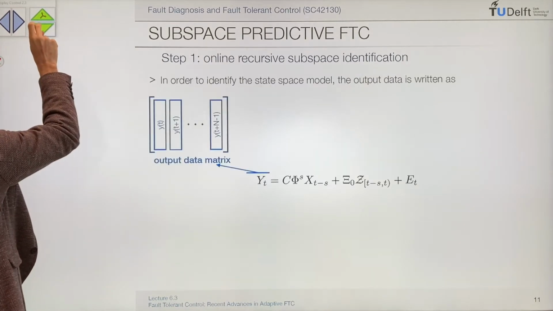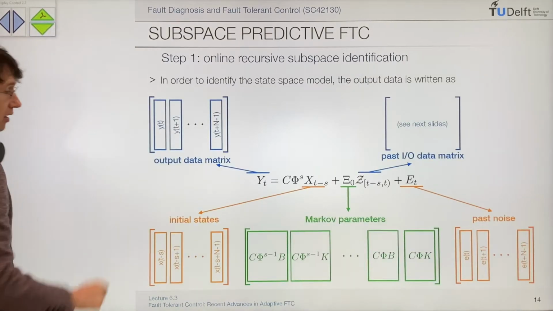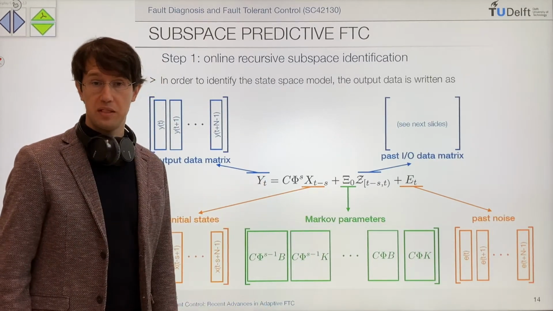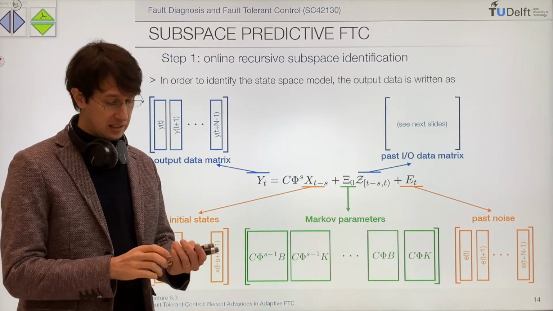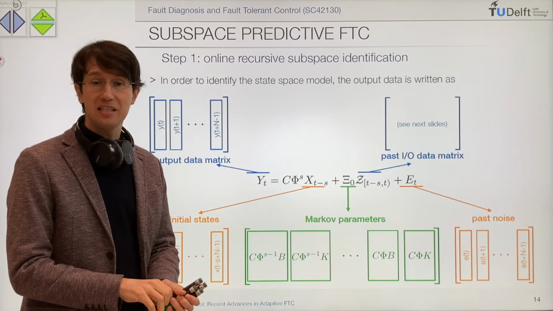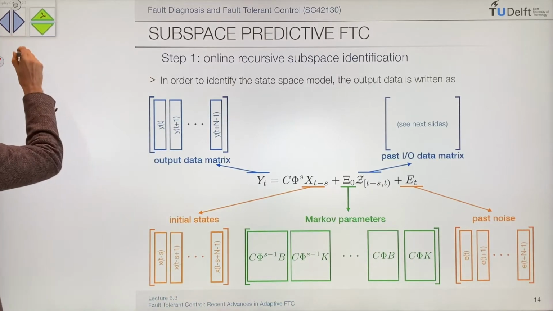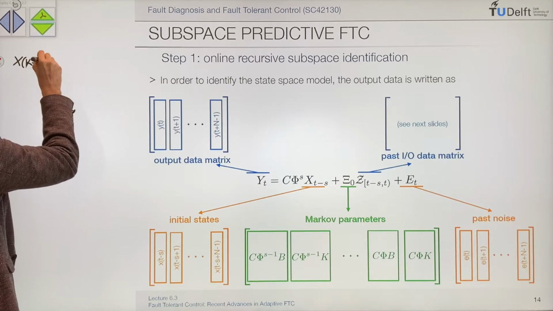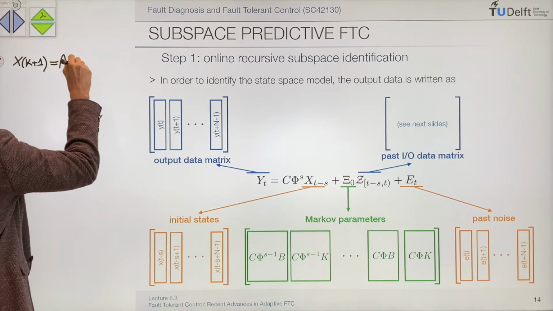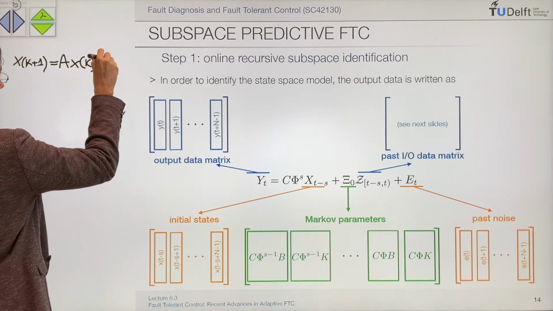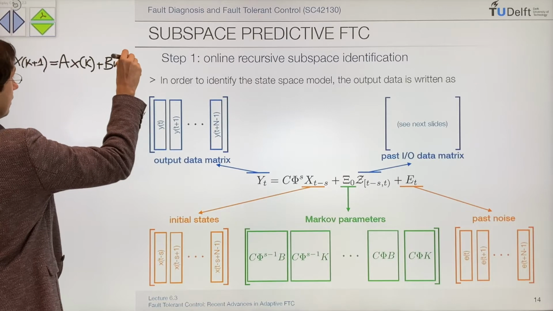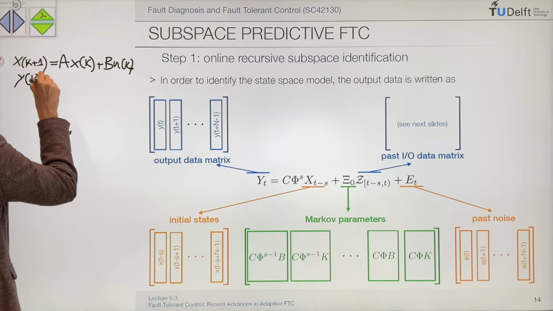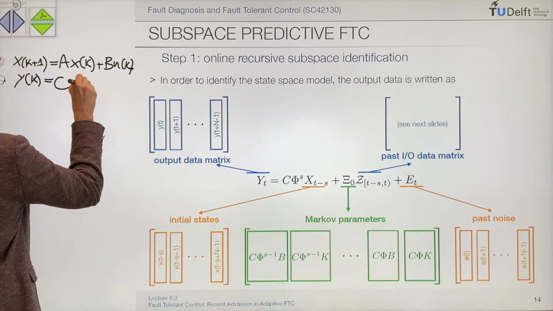You may wonder how we came up with this description, but actually this is just another way of writing a convolution sum. So for a slightly simpler linear system whose dynamics is written like this, x at time k plus 1 equals A x_k plus B u at time k, and y at time k is equal to C multiplied by x at time k.